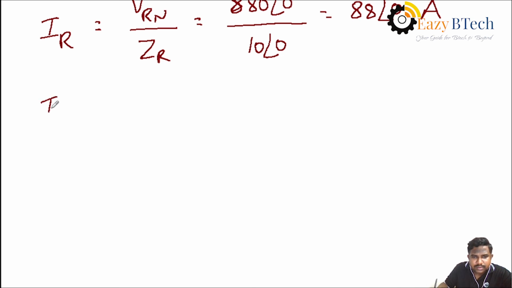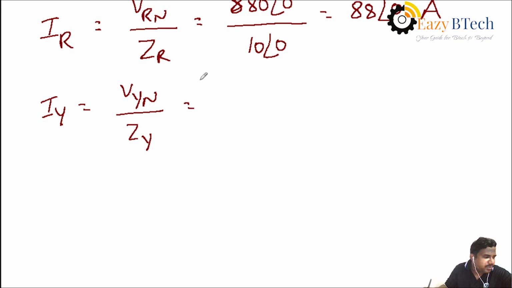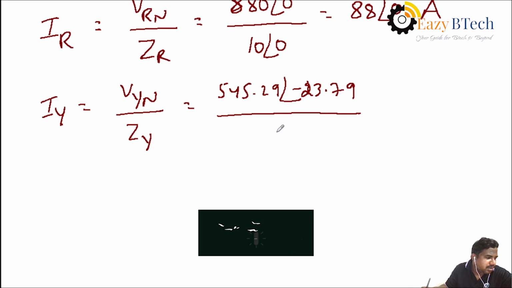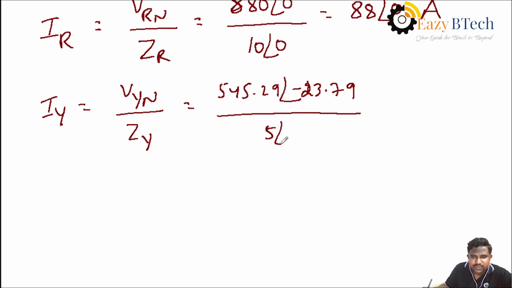In the same manner, you have to find out the other line current IY. Then the formula is VYN by ZY. The value of VYN is 545.29 at an angle minus 23.79, by the ZY value, 5 at an angle 90 degrees.